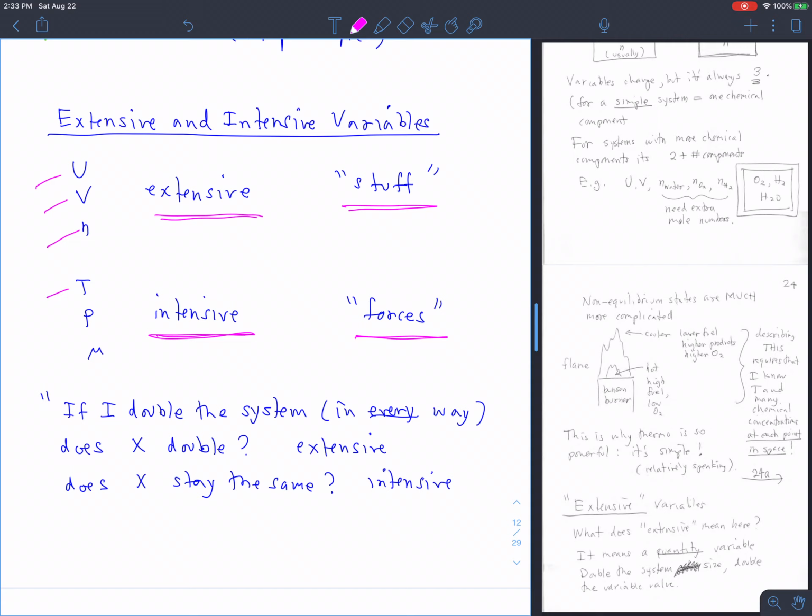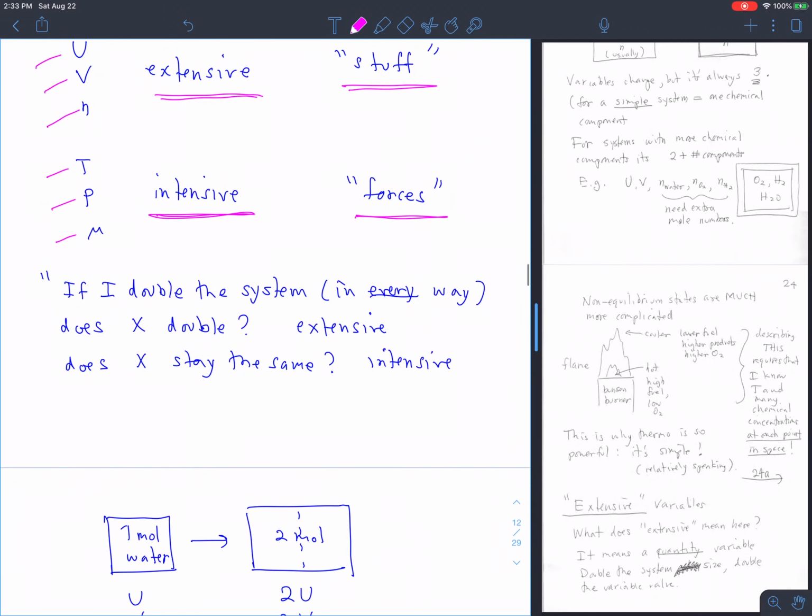So temperature and pressure and chemical potential are all intensive properties. The difference between extensive and intensive comes up several different places. It's not the most important thing, but it does come up, and so we should talk a little bit about it in several different relationships, as we'll see as we go through.